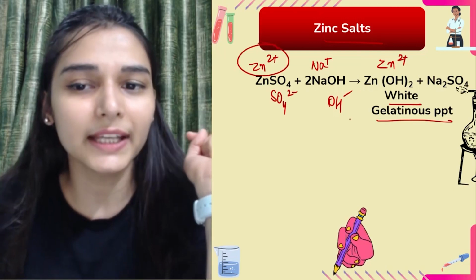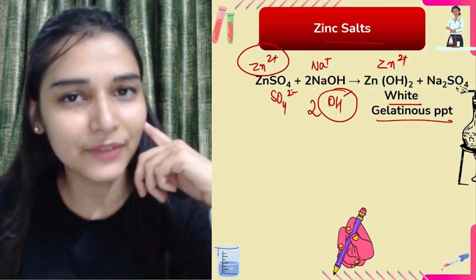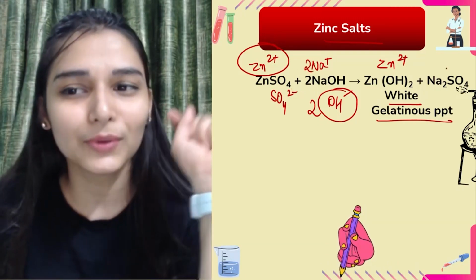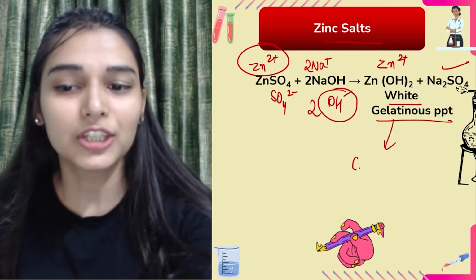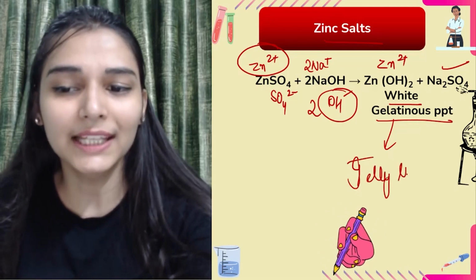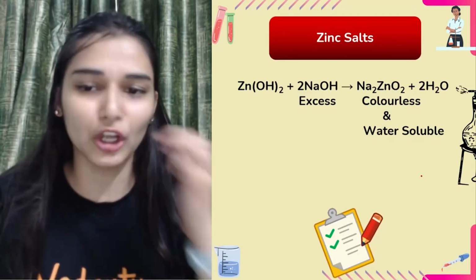So this one zinc ion combines with 2 OH ions, and because sulfate is having a charge of -2, it will also combine with 2 sodium ions. So sodium sulfate and zinc hydroxide, white gelatinous PPT. Gelatinous means you can say jelly like. J would be the spelling. A jelly like appearance precipitate is obtained. Okay? Very simple, not difficult.